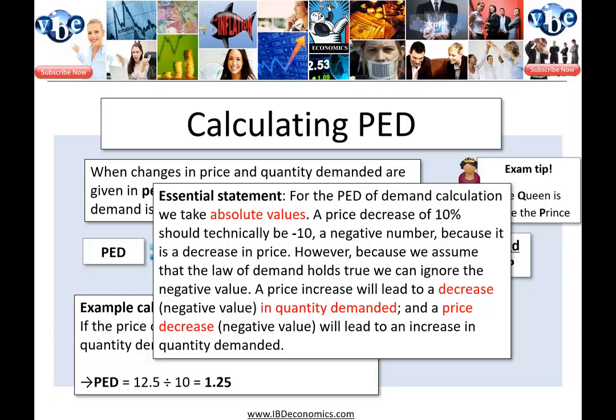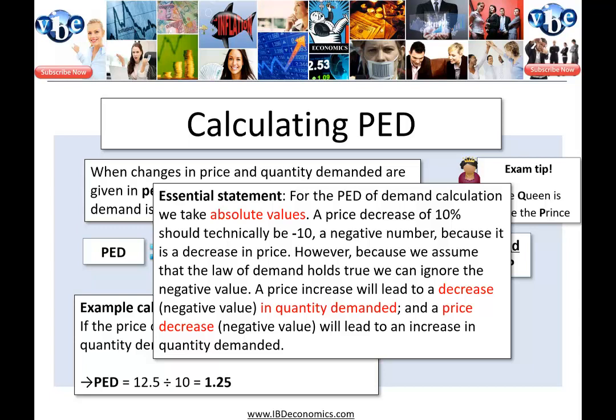Okay, essential statement. For the PED calculation, we take absolute values. Why do we do this? A price decrease of 10% should technically be minus 10. It's falling by 10, a negative number, because it is a decrease in price. However, because we assume the law of demand holds, we can ignore the negative value.